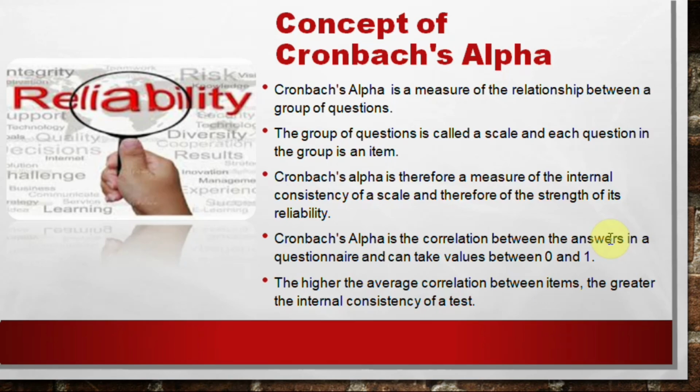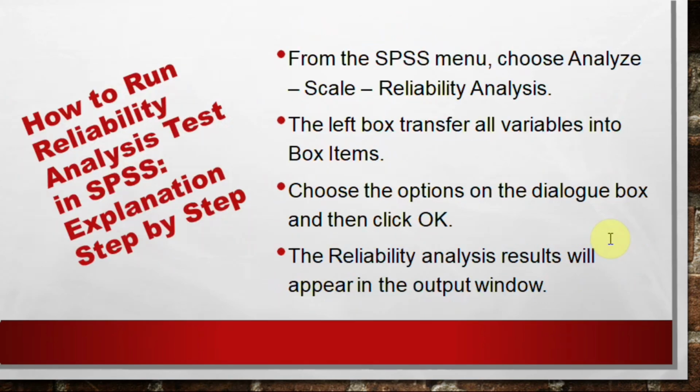Okay, now the next thing is to show you practically how to do this. That's where I'll spend a little time, but I want to keep it as simple as possible. If you want to do a reliability test, what you do is simple. You go to SPSS. On the menu bar, you click Analyze. Under Analyze, you see Scale.